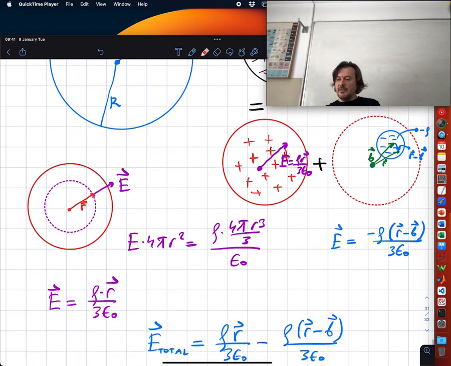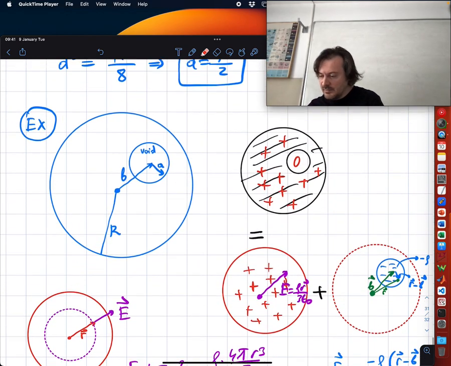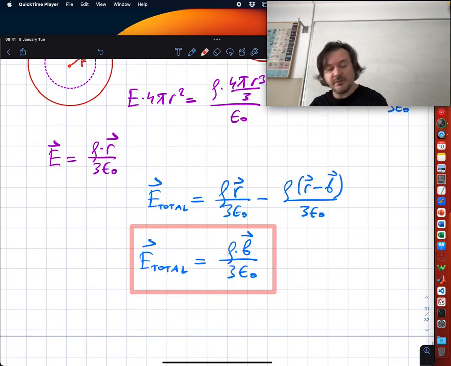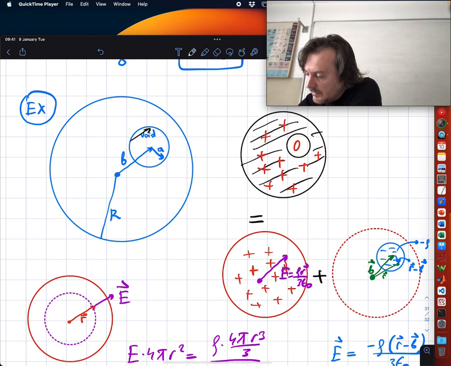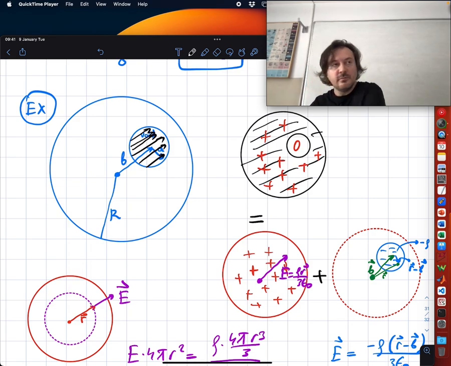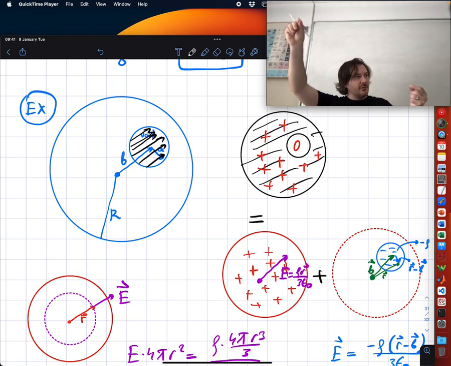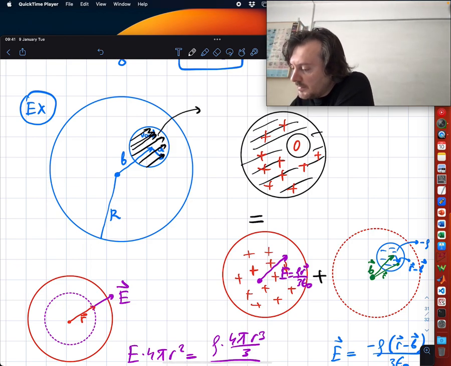It tells you that inside this void, the electric field is uniform. Remember, b is just a vector pointing at the center of this void. So it tells you that inside this, the electric field just points in the same direction as the vector between the centers of these two spheres, and it has a constant magnitude.